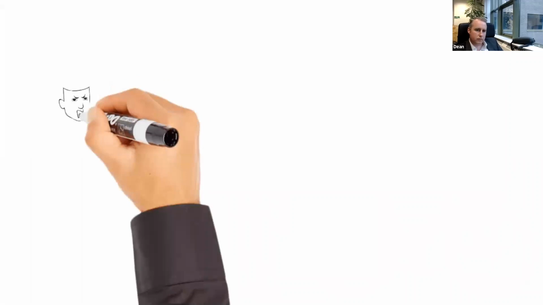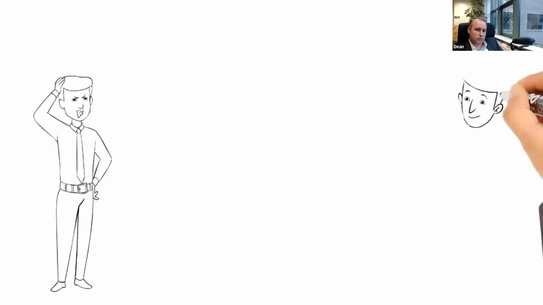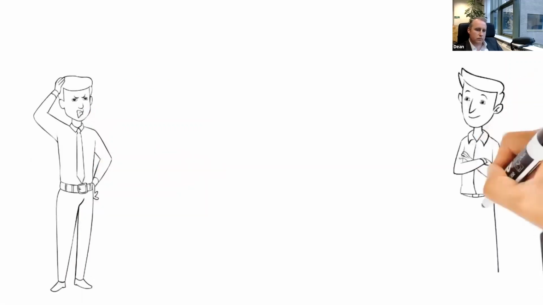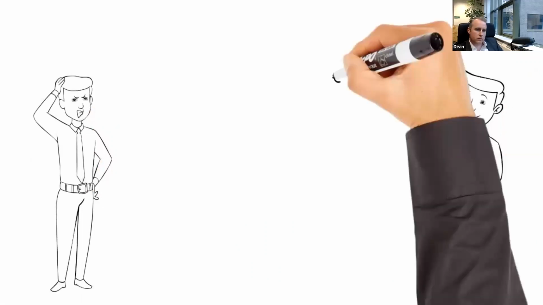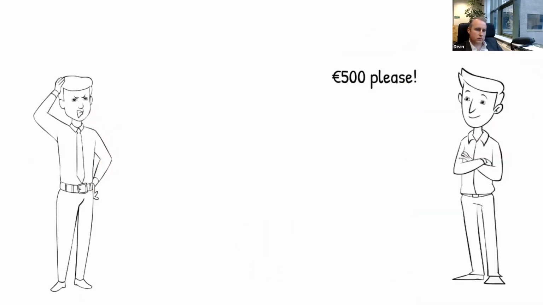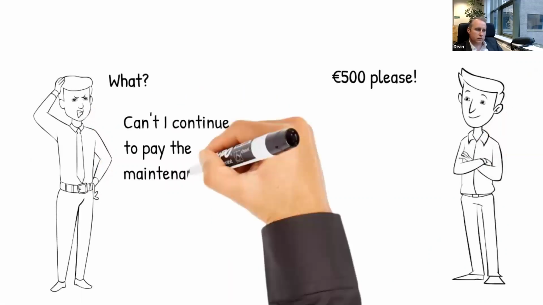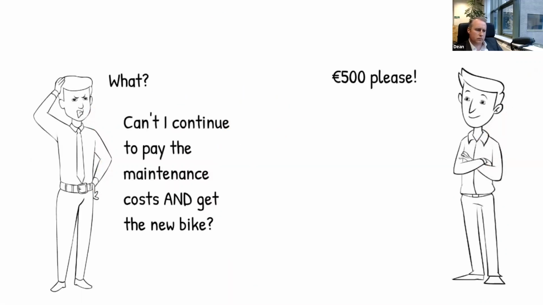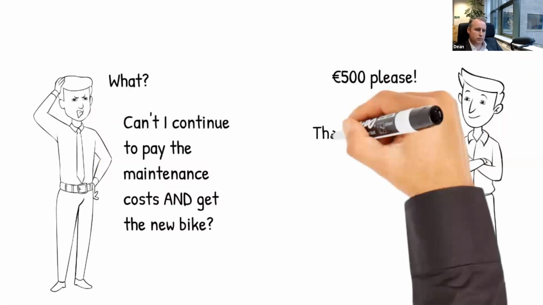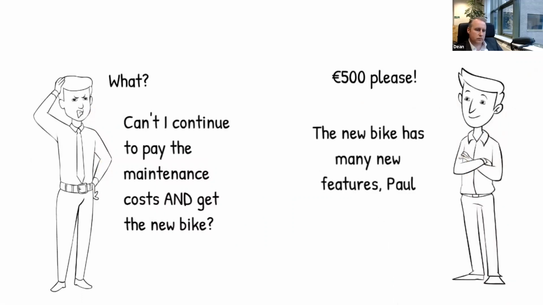To Paul's surprise, John is looking for another upfront perpetual licensing fee, except that this time it's €500. Paul was under the impression that he would simply continue to pay the maintenance costs and he would get the new flash bike. Not so, and when questioned, John points to the fact that the new bike has many additional new features.